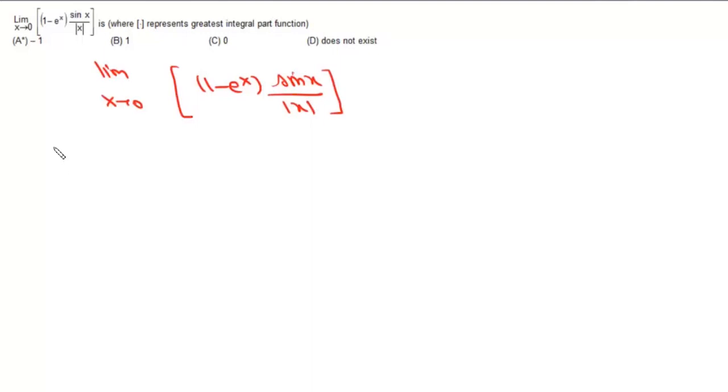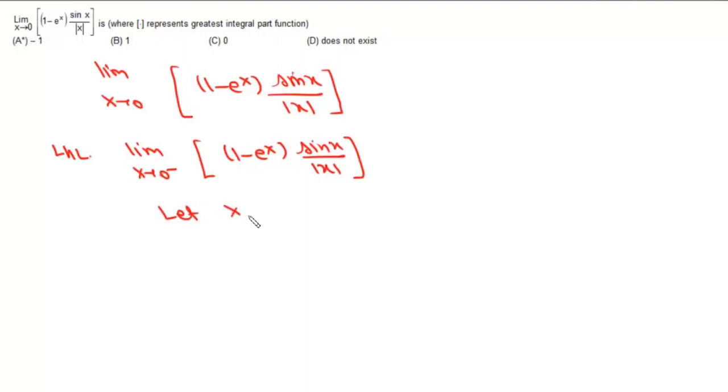So first we'll write its left hand limit. Its left hand limit will be the limit as x tends to 0 negative of the greatest integer function of (1 − eˣ) sin x upon mod x.